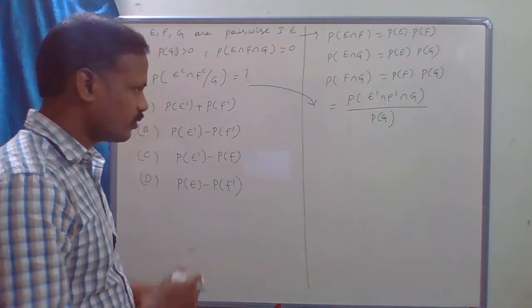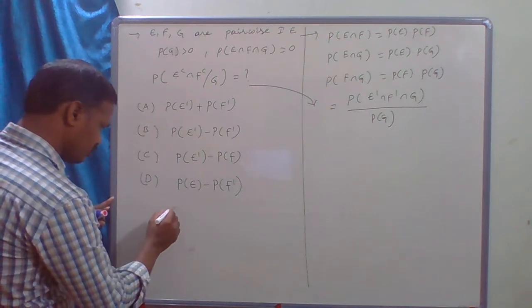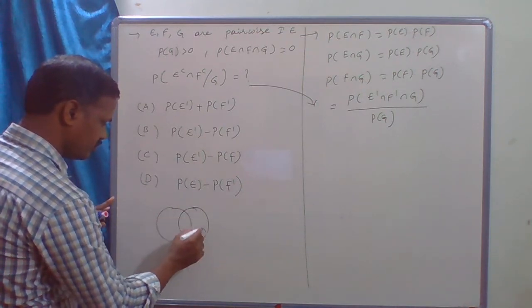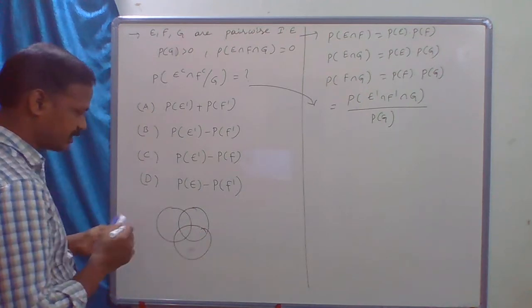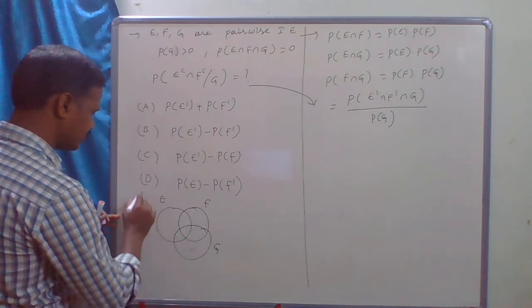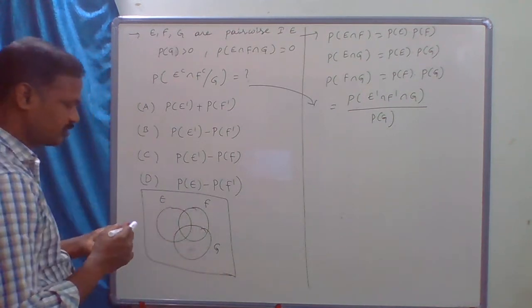Okay, so take the diagram. Event E, F, G, so three sets. Now what do we want?